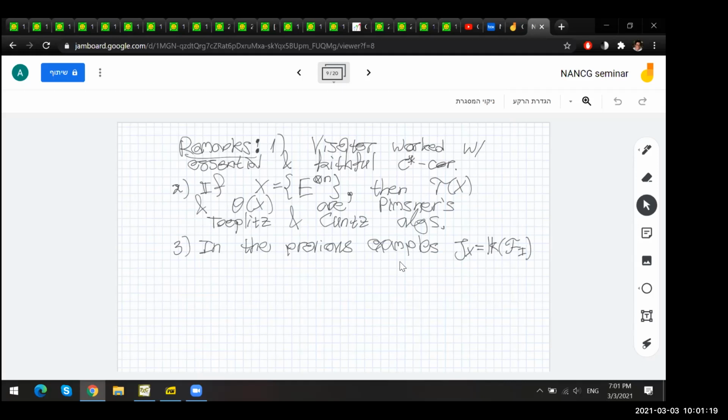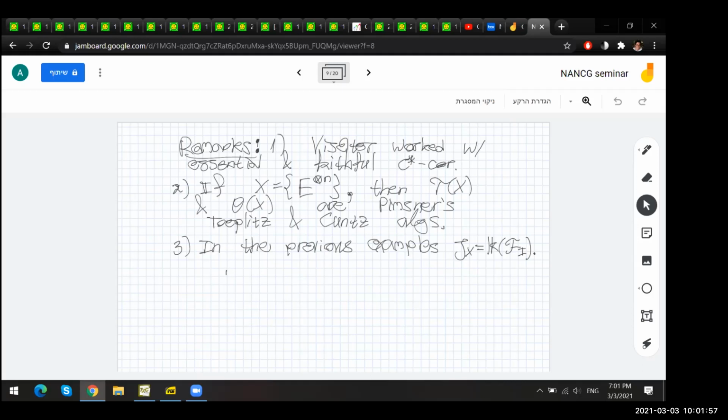And Wieselter asked if his Cuntz-Pimsner algebras have some kind of gauge invariant uniqueness theorem. That means that as soon as you ask for your C-star algebra to be a quotient of Wieselter's Cuntz-Pimsner algebra in a way that preserves the circle symmetry, then it has to be Wieselter's Cuntz-Pimsner algebra. But he actually showed in his own paper that a gauge invariant uniqueness theorem can fail.